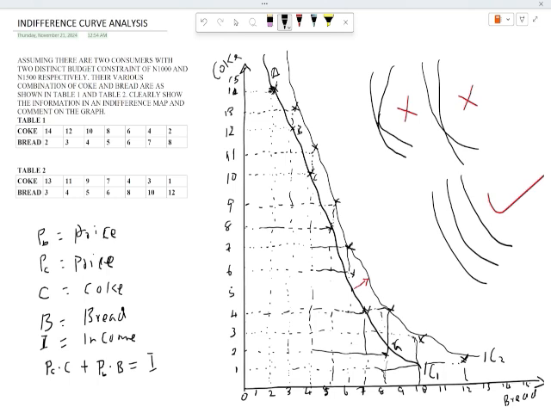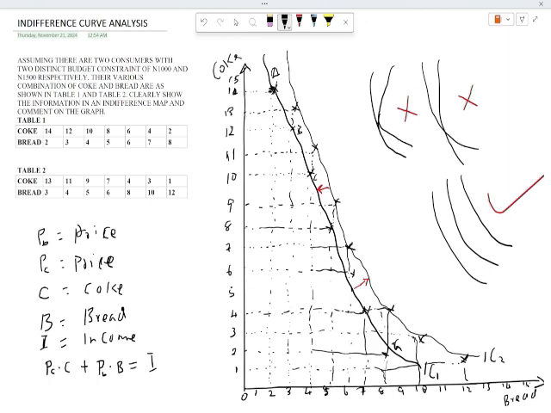So if, for instance, IC2 was the initial level of satisfaction for the individual, and for some reasons the level of satisfaction has declined or reduced, it is because the indifference curve is moving closer to the origin.